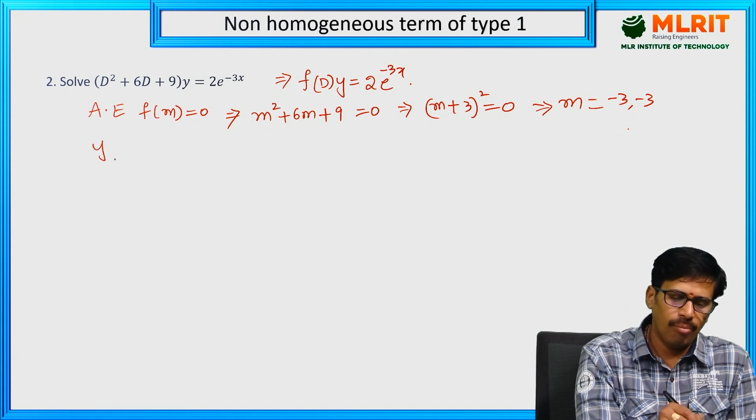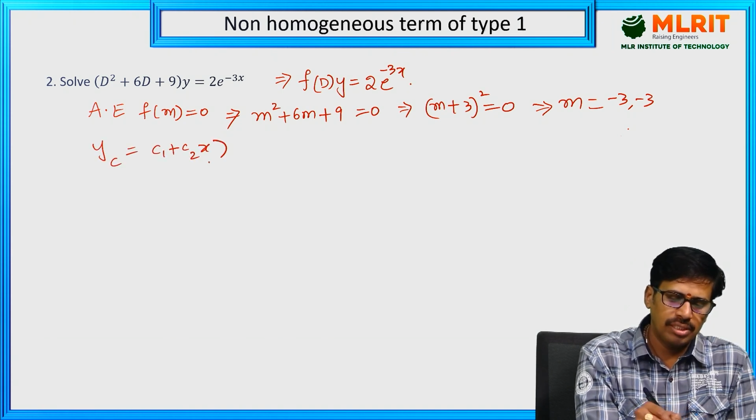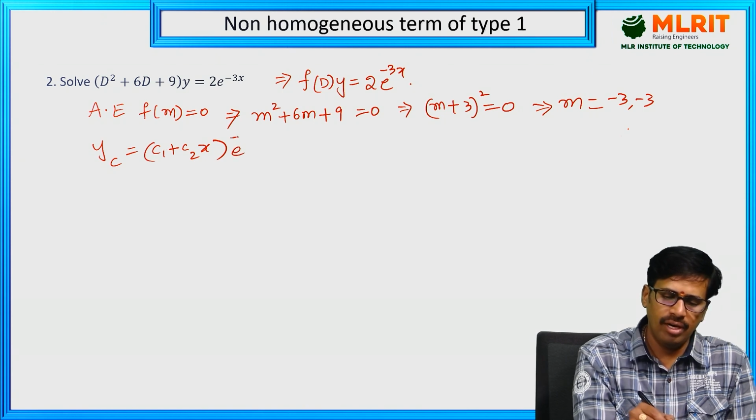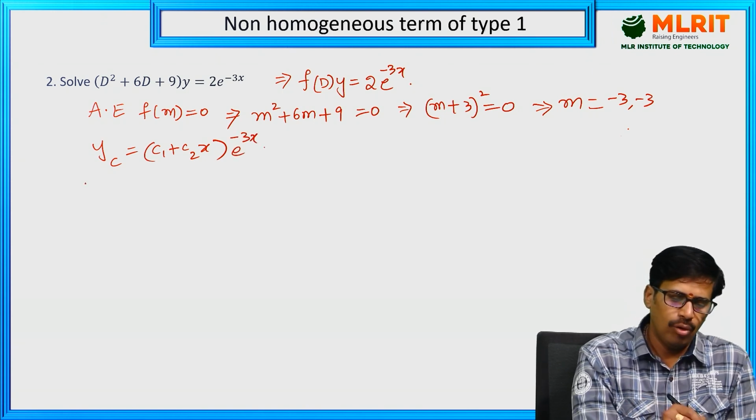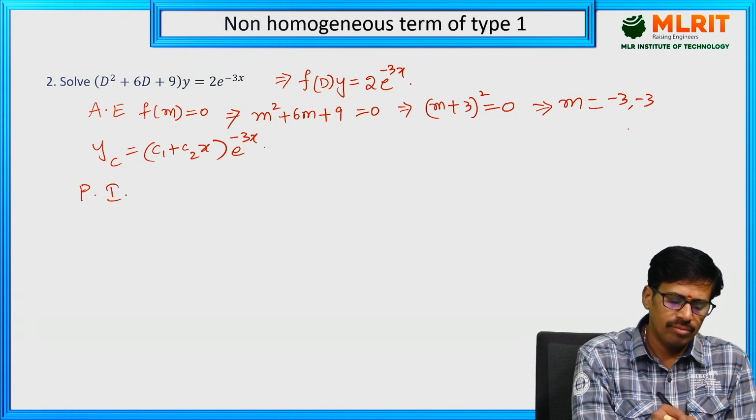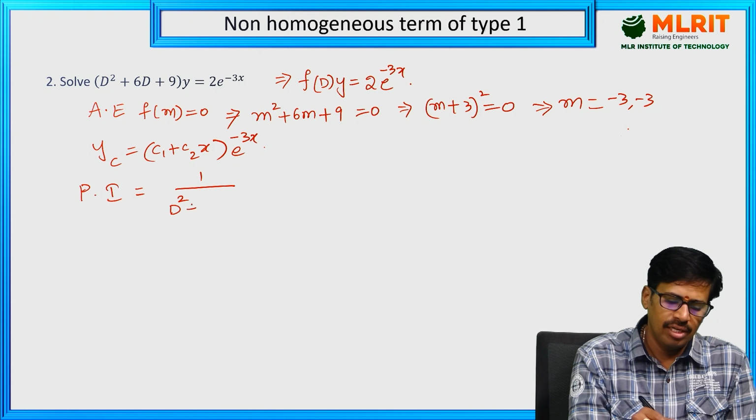So we write the complementary function as c1 plus c2x, e power minus 3x. Now to find the particular integral, 1 by f of D, that is 1 by D square plus 6D plus 9.